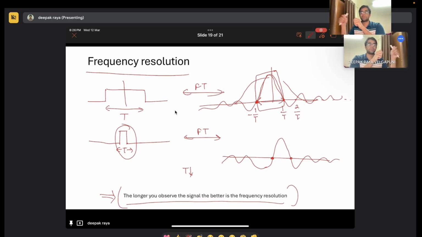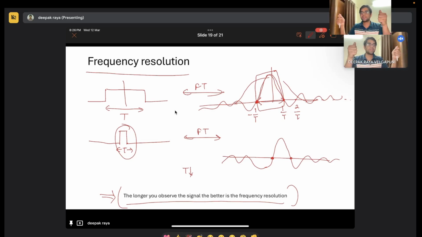When it is a wider rectangle, you'll have a sharper sinc function. Therefore, the leakage will be less. But if you have a narrow rectangle, you'll have a wider sinc function, and therefore the leakage of the spectrum will go to other frequencies. So it will smear out if you have a narrow signal. This is called the time frequency trade-off.